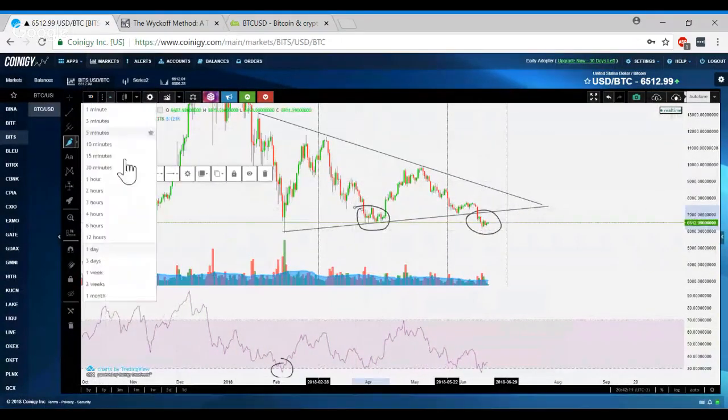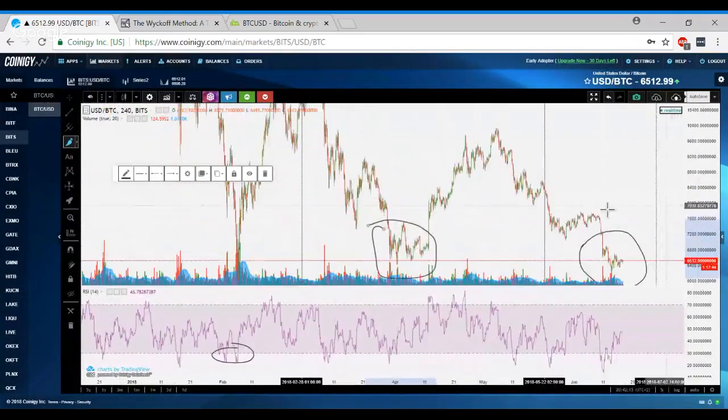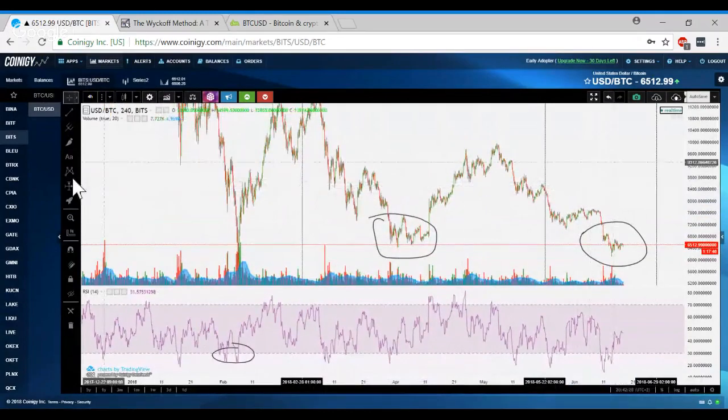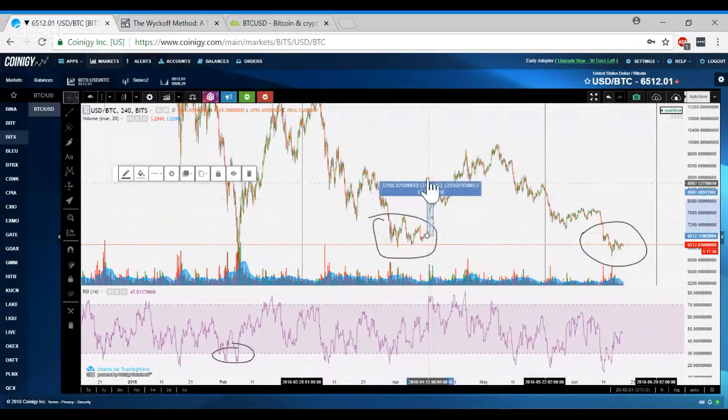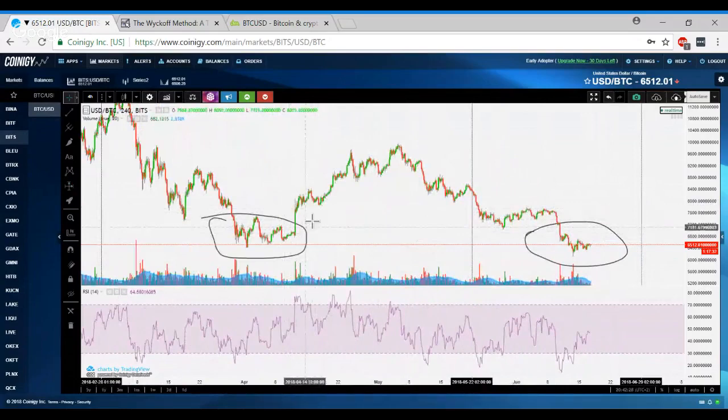And you will see that this in turn resulted in a massive green candle, basically a 20% move up, if I remember correctly. Just going to measure it. A 20% move up within 4 hours. This was all due to shorts that were being liquidated.